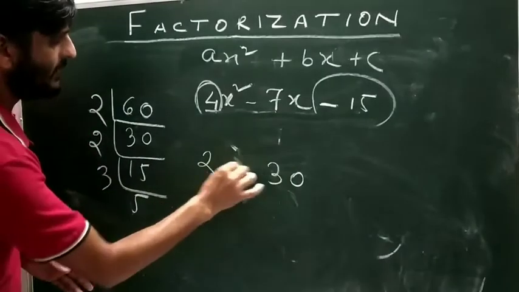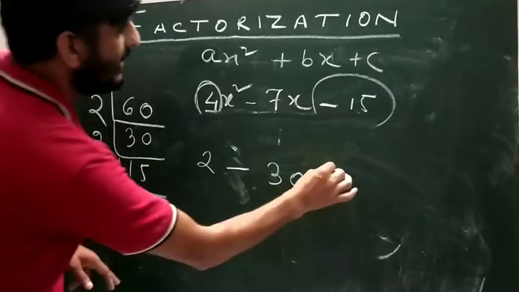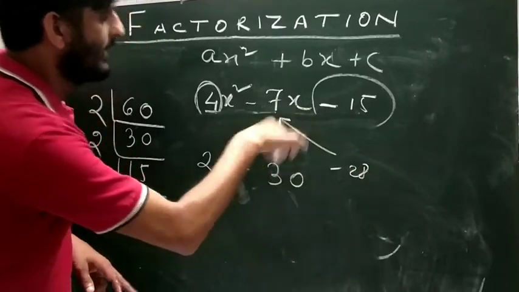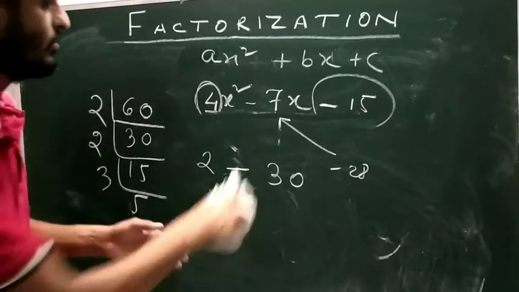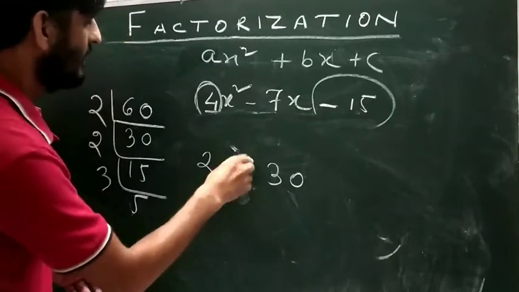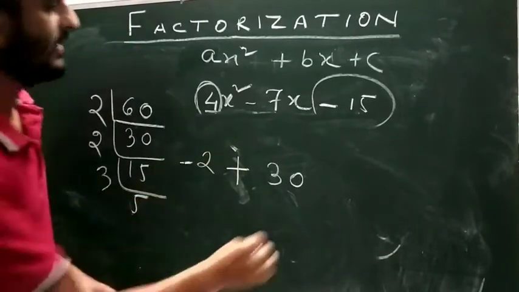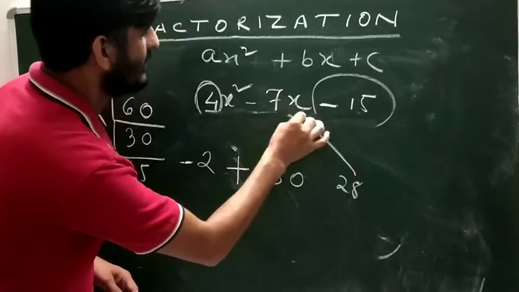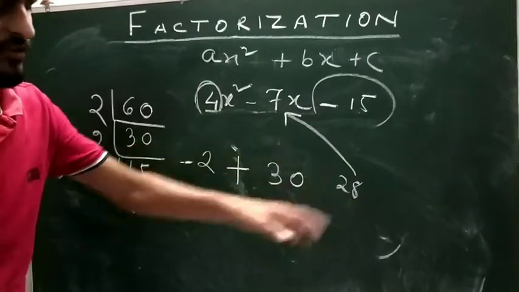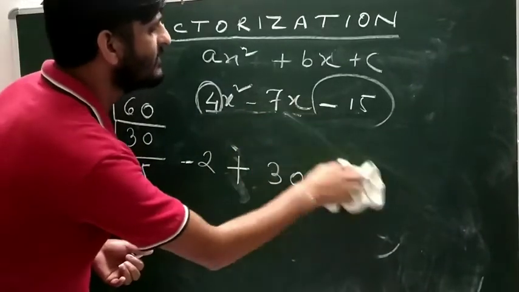Then 2 minus 30 is minus 28, not minus 7 either. Then minus 2 plus 30 is plus 28, not minus 7. Not possible.